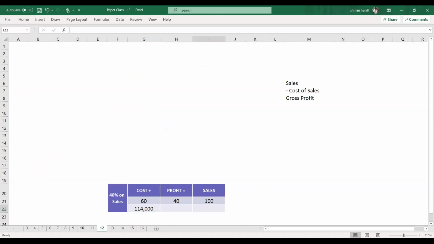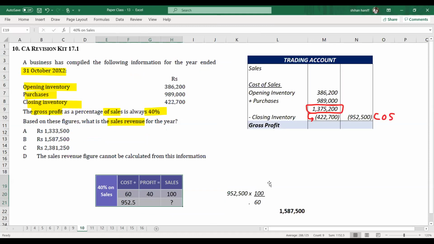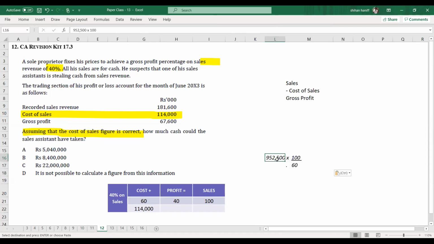Now we calculate that. 114,000 multiplied by 100 divided by 60. 114,000 equals 60, so divide by 60, multiply by 100.